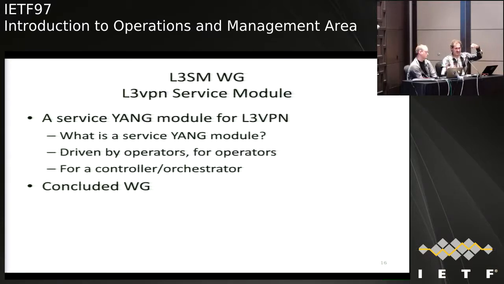In this case of L3 VPN, I'm going to configure the customer edge router, provider edge, and customer edge. Then this service will look at the topology, and the orchestrator and controller that know the topology will go to the different individual devices.